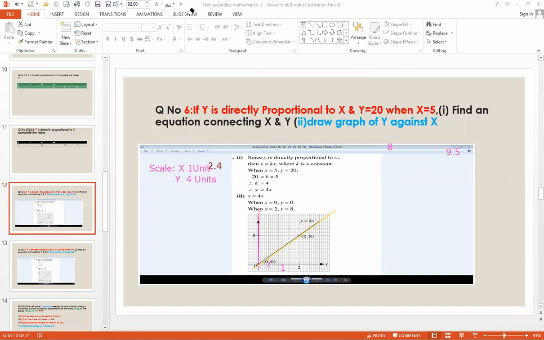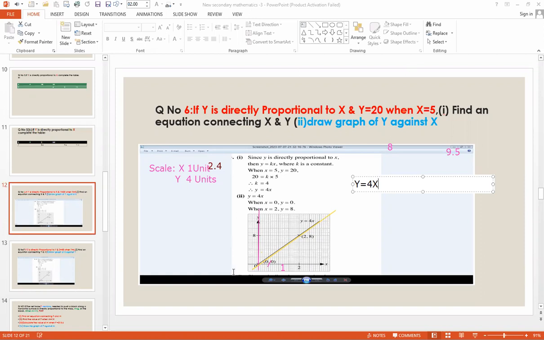I have to rewrite it again for you. Look here. Y is equal to 4x. This means the change in y depends upon 4 times x.